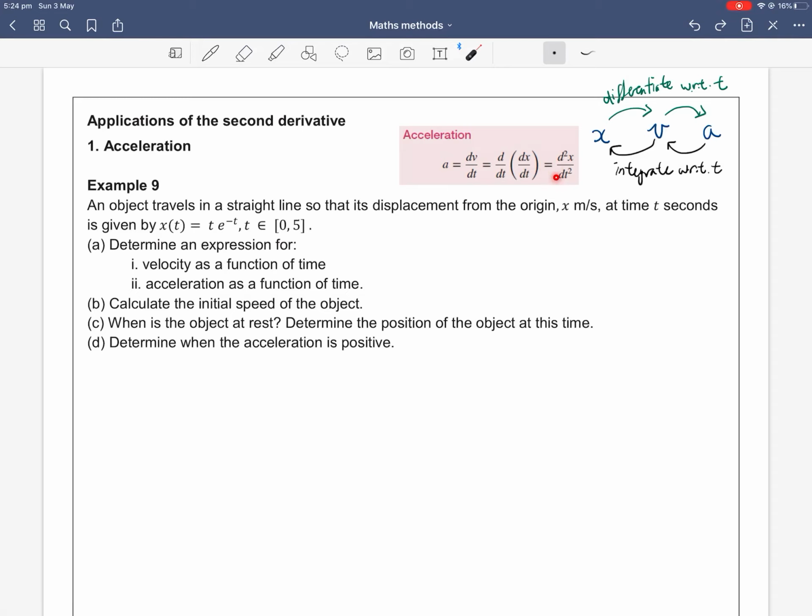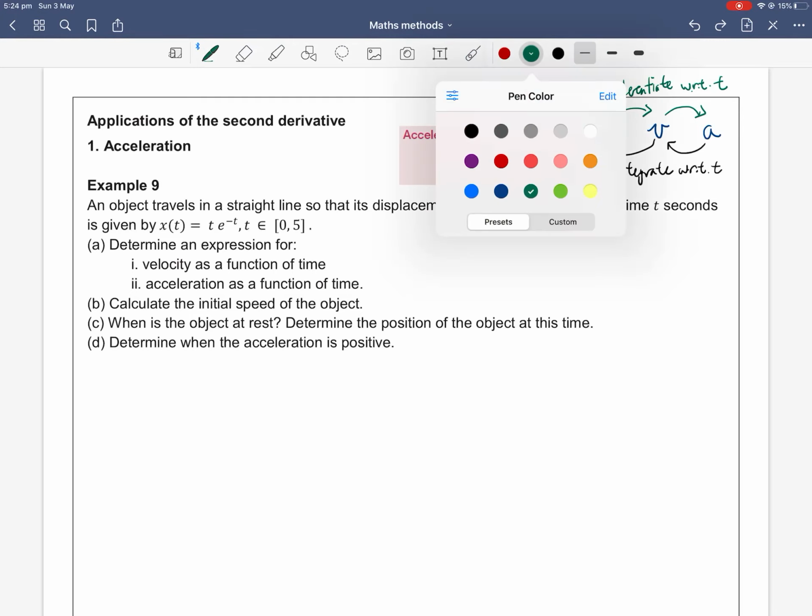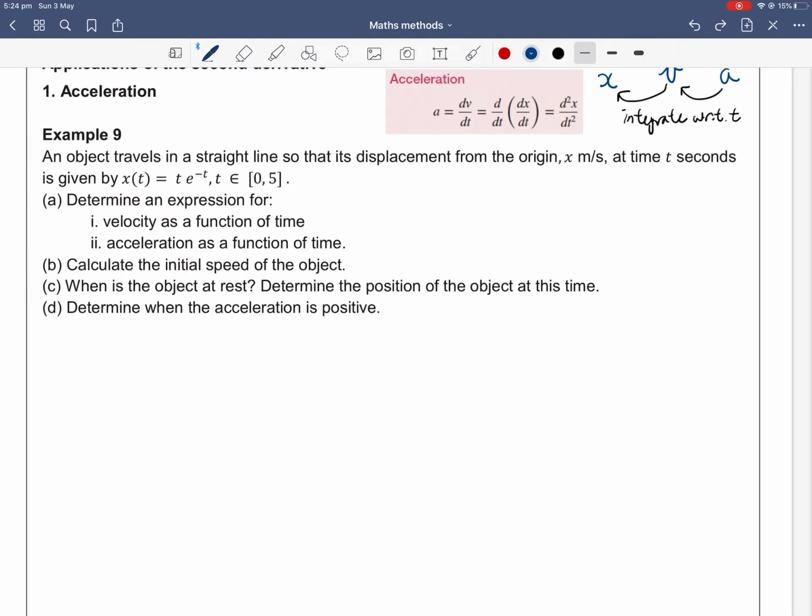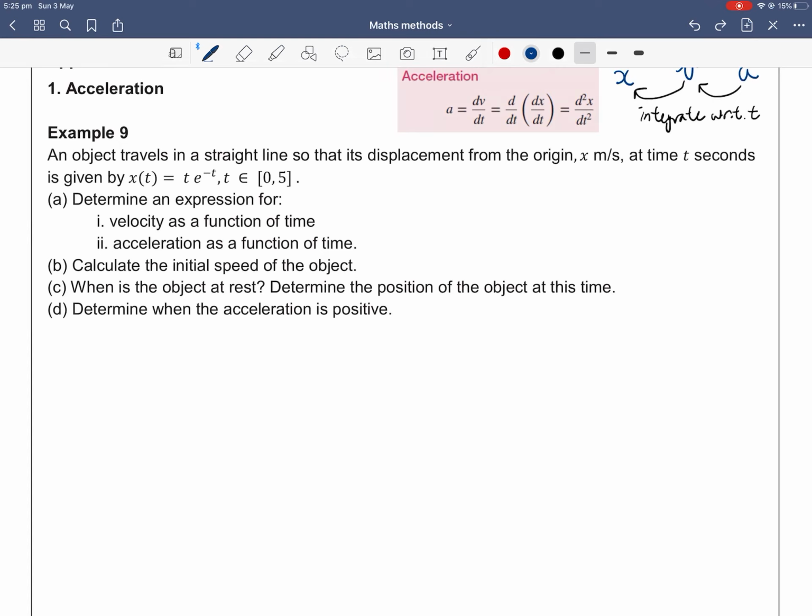So if you differentiate and differentiate again, you get the second derivative of displacement, which gives you acceleration. Let's look at example number 9. It says here an object travels in a straight line so that its displacement from the origin x meters at time t seconds is given by the following. Part A, work out velocity and acceleration.